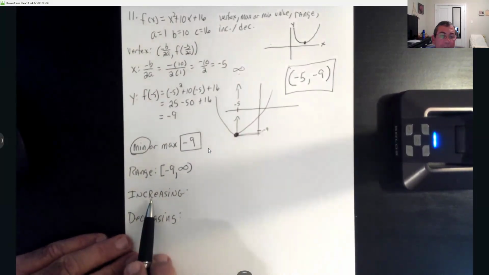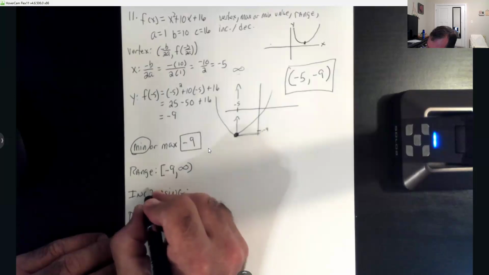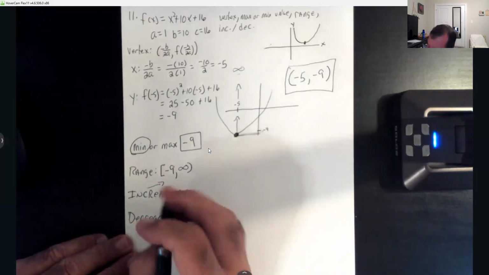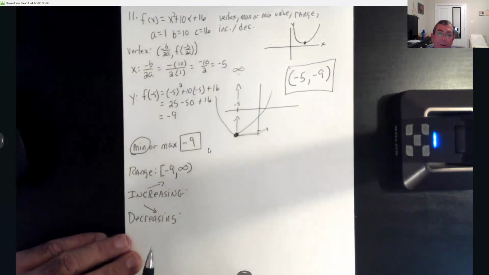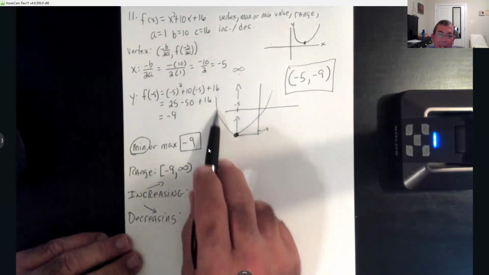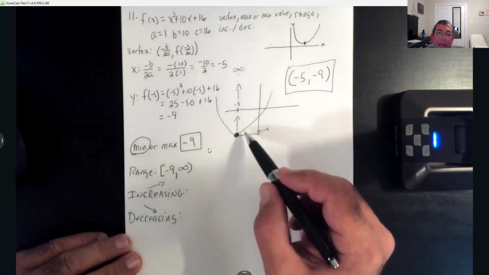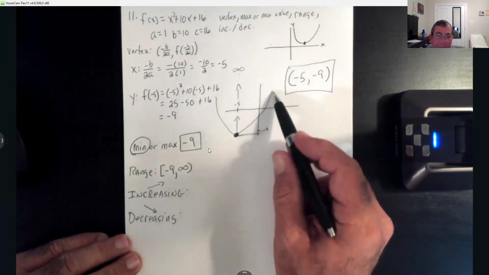Now remember, increasing, the graph is going uphill left to right. Decreasing, it's going to go downhill left to right. So this has the left side decreasing and the right side increasing.